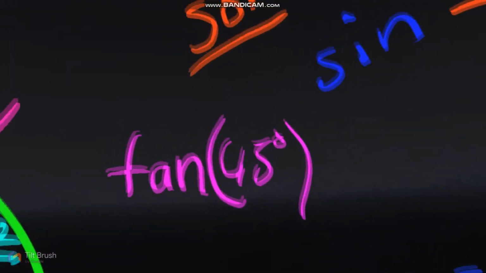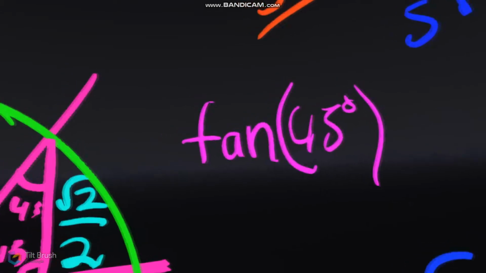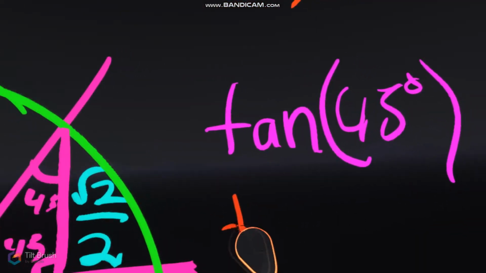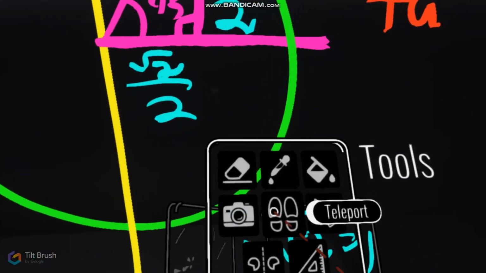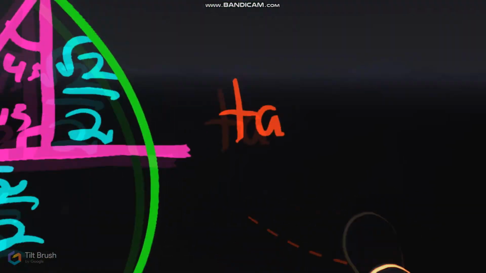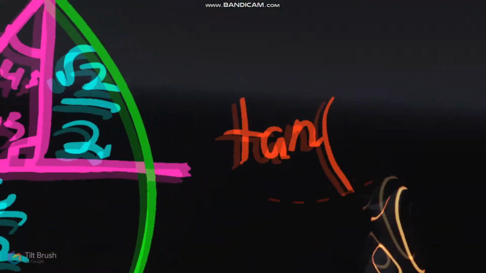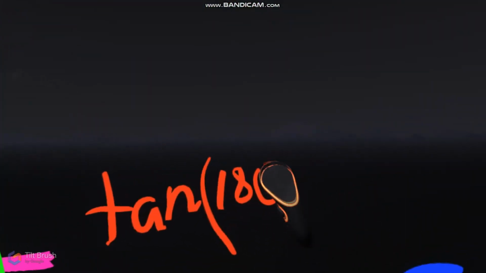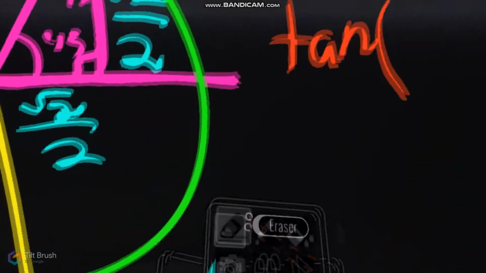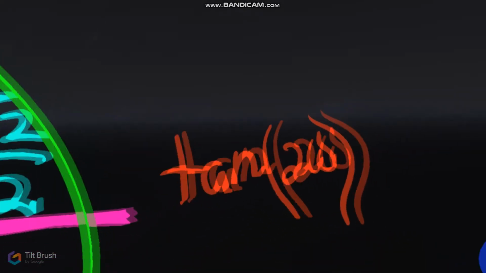That is the basics. You can get into it more, like the tangent of 180 degrees. Let's make it 210 degrees.